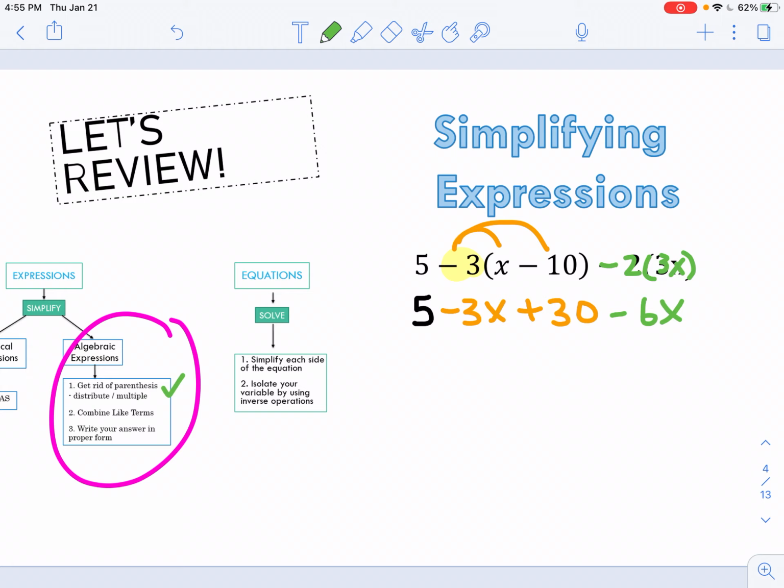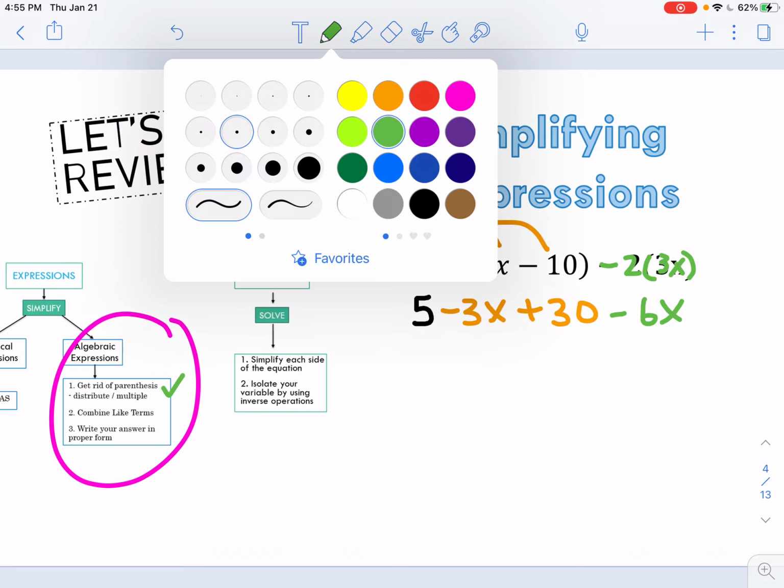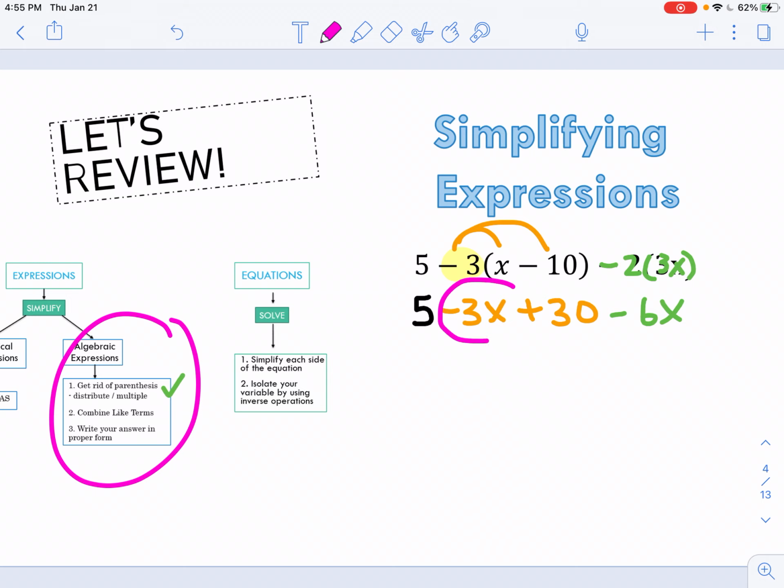My next step is to combine my like terms. Can you identify my like terms in this expression? Good. We've got negative 3x and negative 6x. Can you identify the other set of like terms? Excellent. Positive 5 and positive 30. Now, since I know my answer must be in proper form, remember in class we talked about how variables always come first and constants come last.